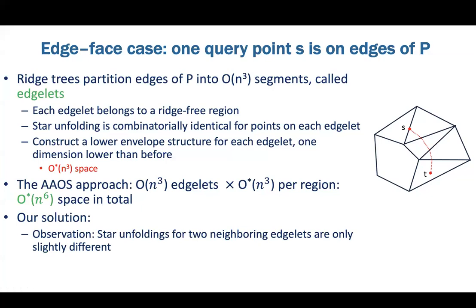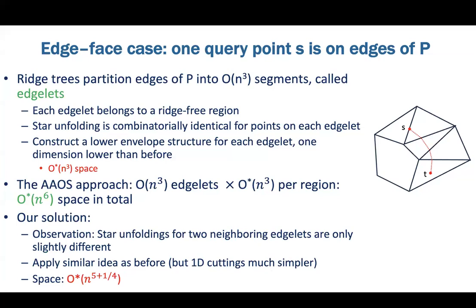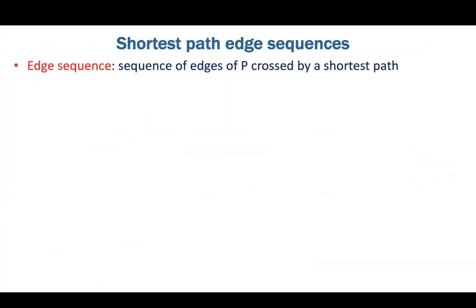So our solution is again, for two neighboring edgelets, their star unfoldings are only slightly different, and we apply a similar idea. But now you do the cutting on a single line, so that's just a partition. So the total space becomes n to the 5 plus 1 over 4.